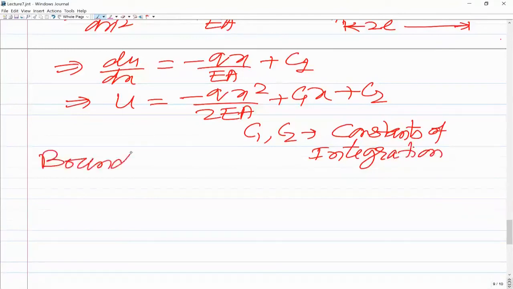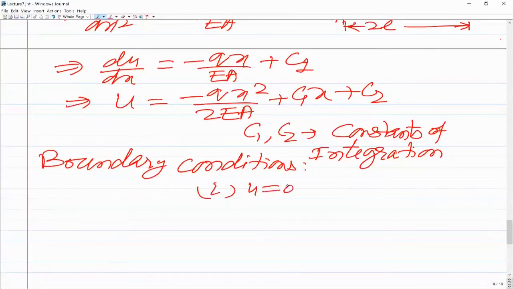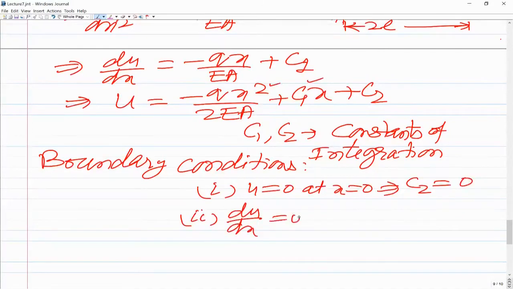So if you look at the boundary conditions now for the problem as a whole, not for the finite element, one is that u equal to 0 at x equal to 0. If you put x equal to 0 here, this term is 0, this term is 0, so this will give you c2 equal to 0. And the second condition is du by dx is equal to 0 at x equal to 2l, which is capital L, where capital L is equal to 2 into small l.